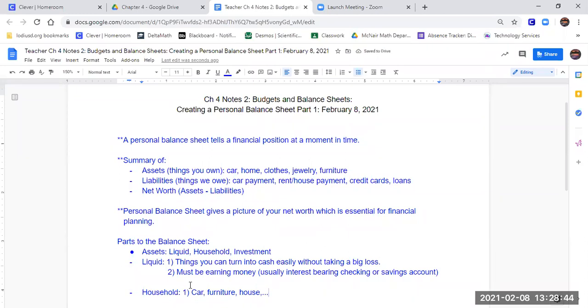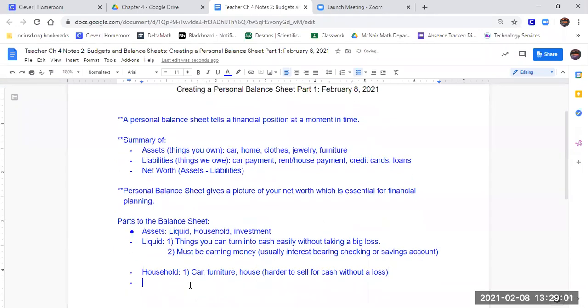Things that are harder to sell for cash without a loss.